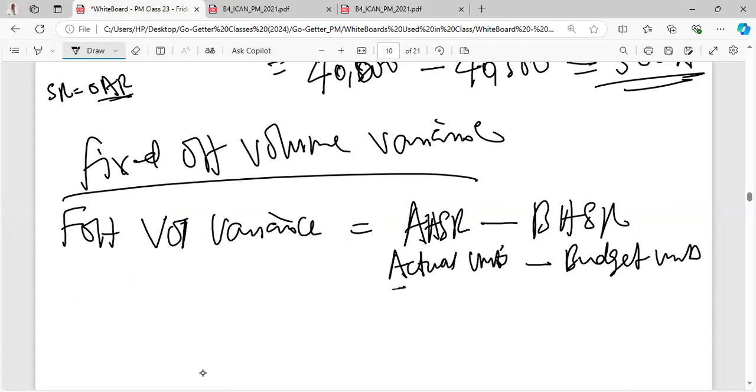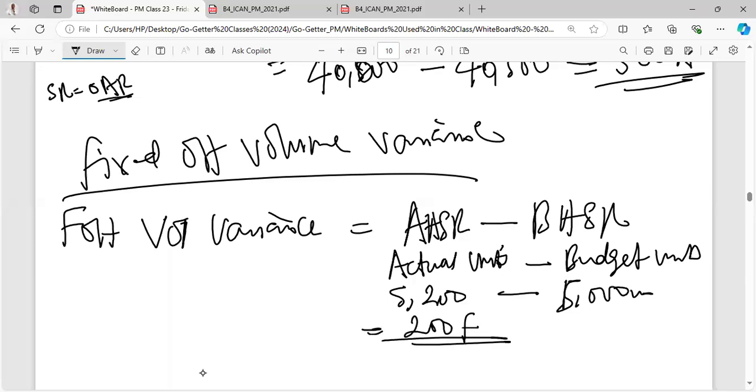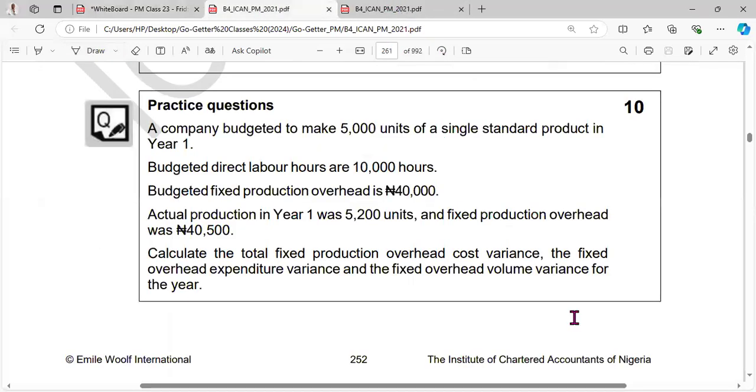We actually had 5,200 units, but we budgeted 5,000 units. So the difference is 200 and it's favorable. When the actual is higher than the budget in terms of units, that's what it is here, 200 units.